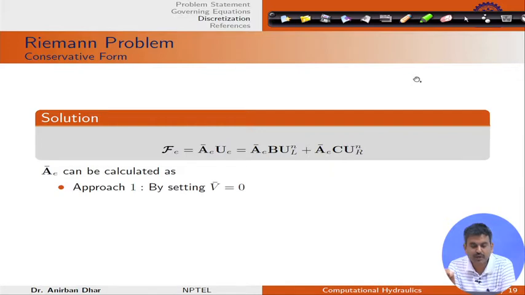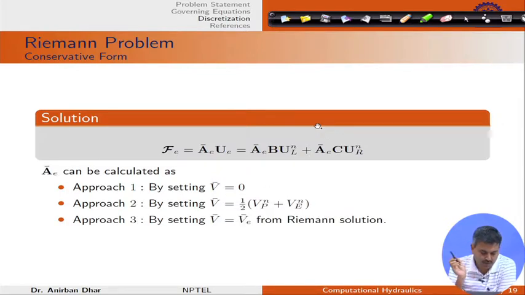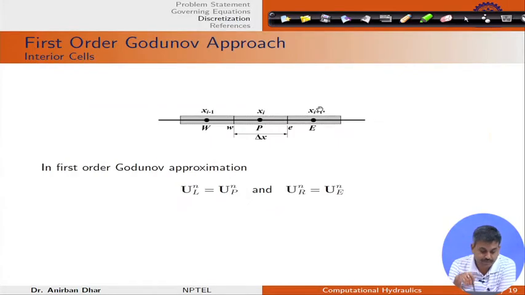AE can be computed by approach 1 by setting V equals to 0 at any phase, or by approach 2 by setting V bar equals to half (Vp plus V), or approach 3 by setting V equals to V from the Riemann problem or Riemann solution.